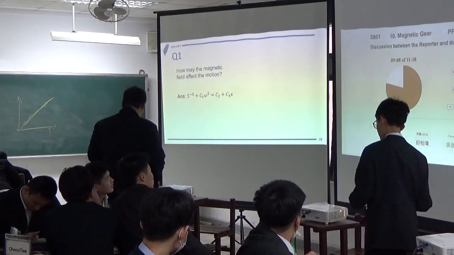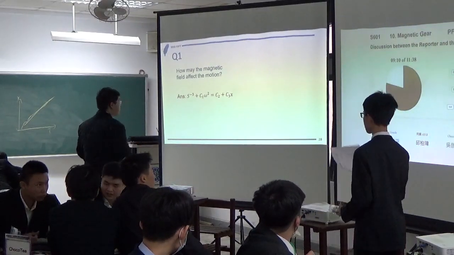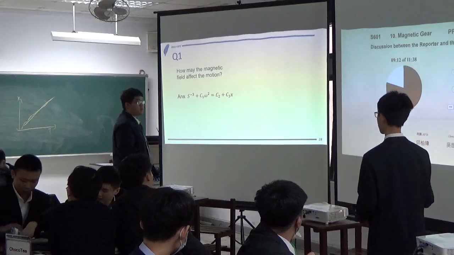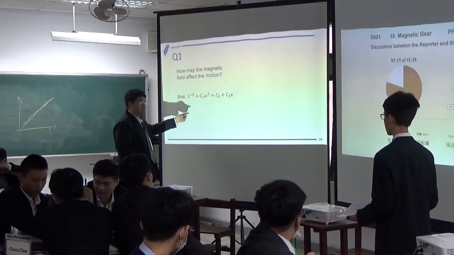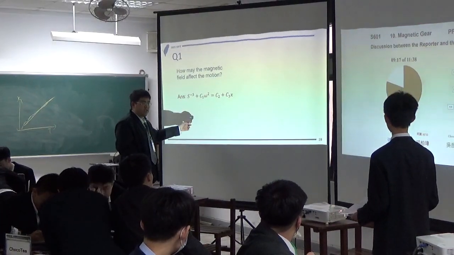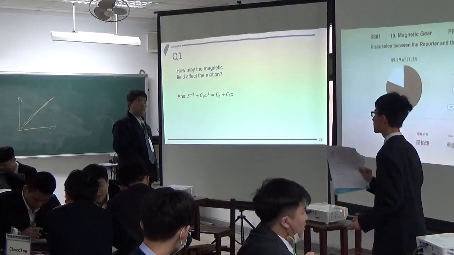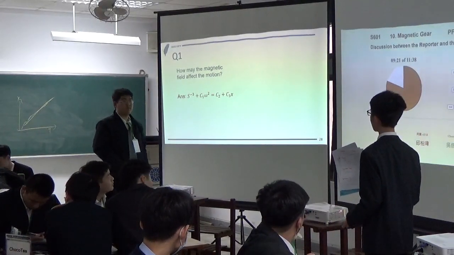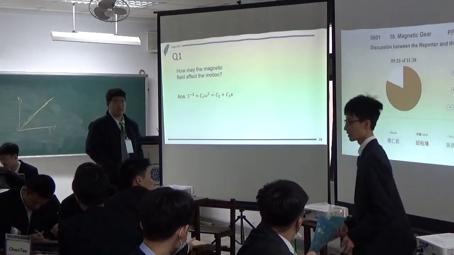Why is the magnetic potential energy proportional to s to the power of -3? Because it's based on energy. But I don't think the energy will be s to the power of -3, right?